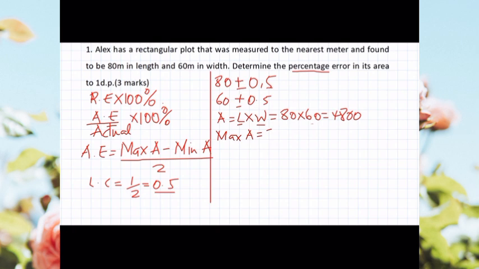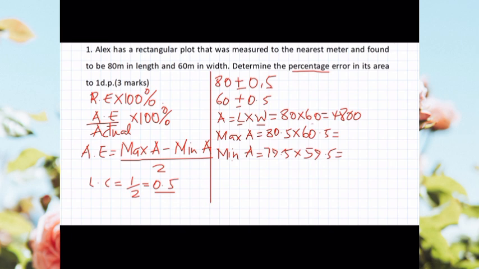The maximum of the length is going to be 80.5, and the maximum for the width is going to be 60.5. Then in order to get the minimum, we take the minimum of the first value, that is the length. So we take 79.5, and then we multiply that by 59.5.